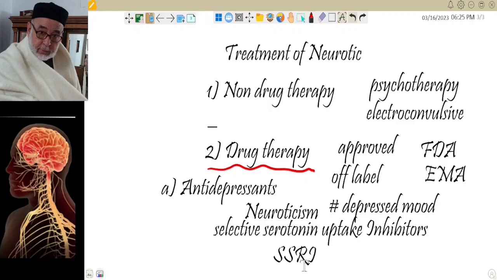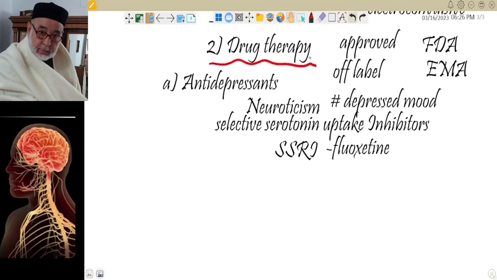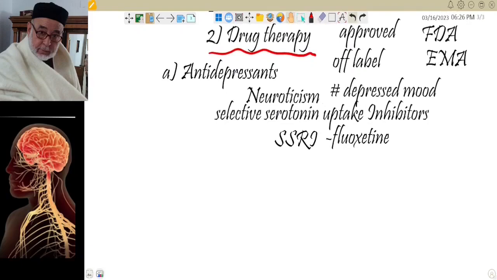The most famous example is fluoxetine. Okay? All we have to know now is that antidepressants have a place in the treatment of neurosis, especially in the state of neuroticism, in which there is a neurotic illness or GAD accompanied by depressed mood. Most approved drugs are the selective serotonin reuptake inhibitors like fluoxetine. Okay? This is the first group of drug therapy.